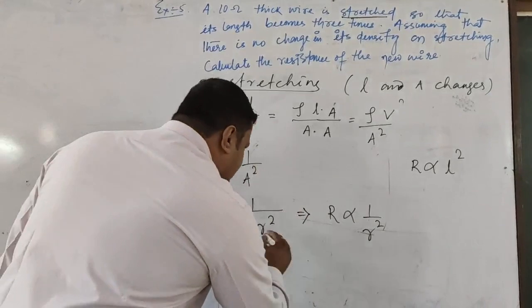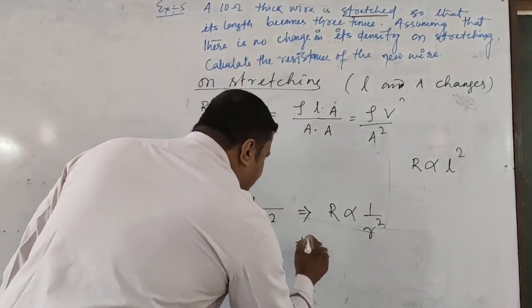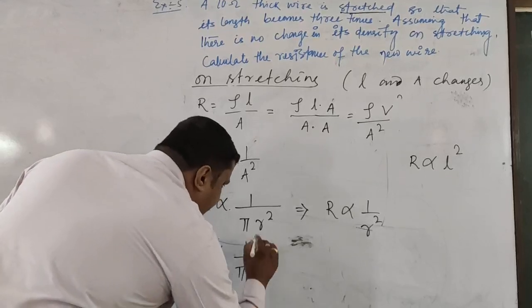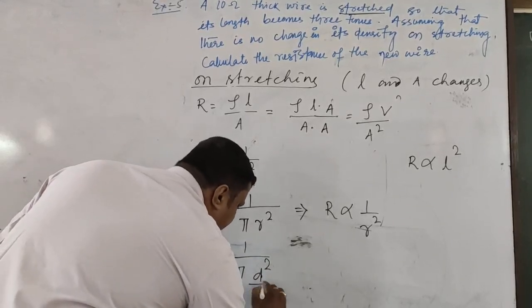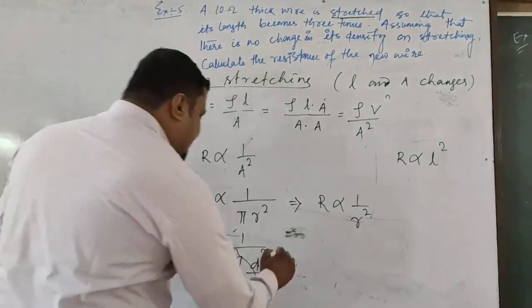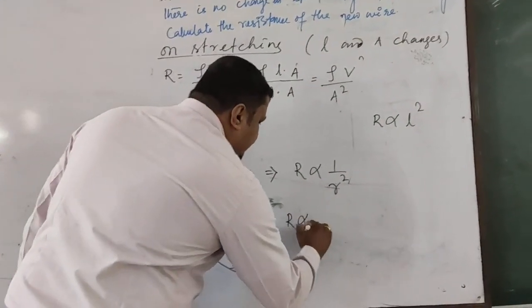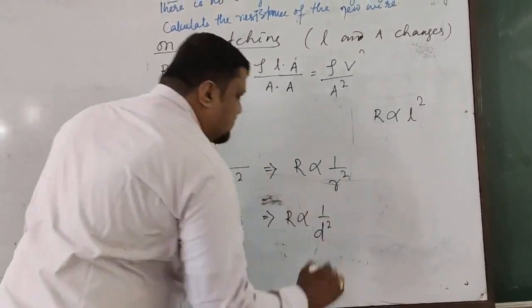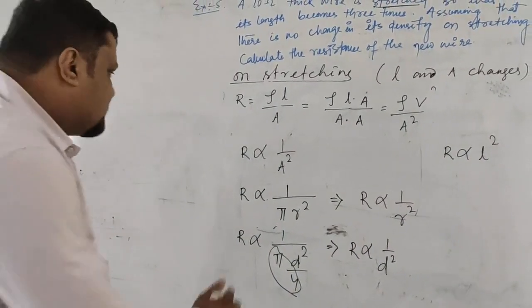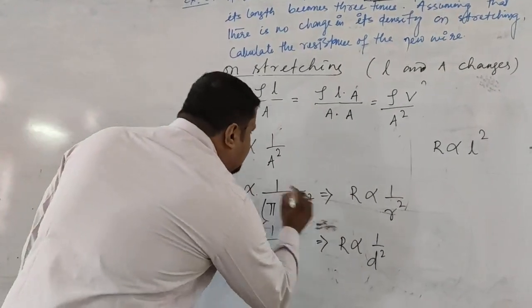Or in the diameter case, R is proportional to 1 by pi D square by 4. Again pi by 4 is constant, so R is also inversely proportional to diameter square. Clear?